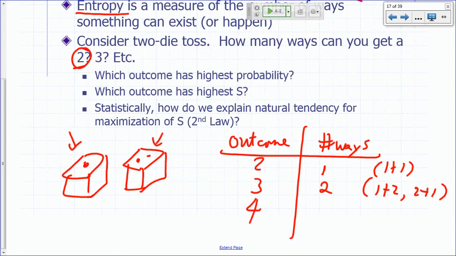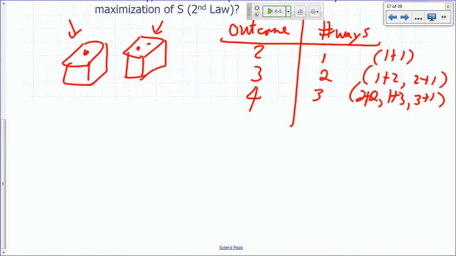How many ways can you come up with a 4? 3 ways. What are those 3 ways? 2 plus 2, or you can do 1 plus 3 and 3 plus 1, right? Okay. How many ways can you come up with a 5? See the pattern here? It's 1 plus 4 or 4 plus 1 or 2 plus 3 or 3 plus 2.